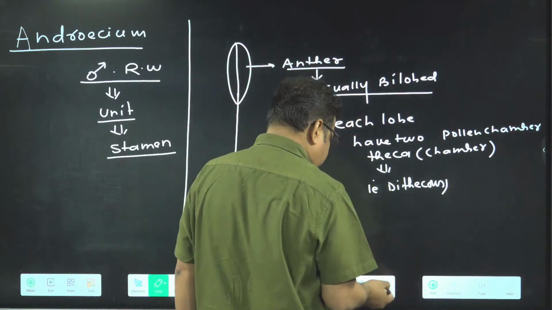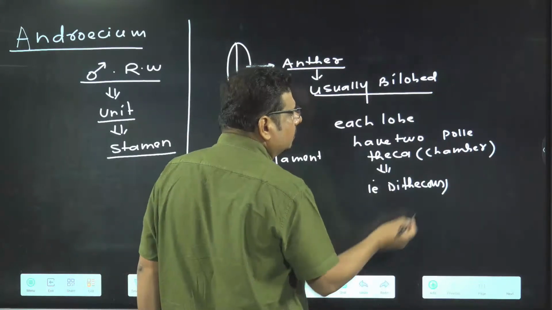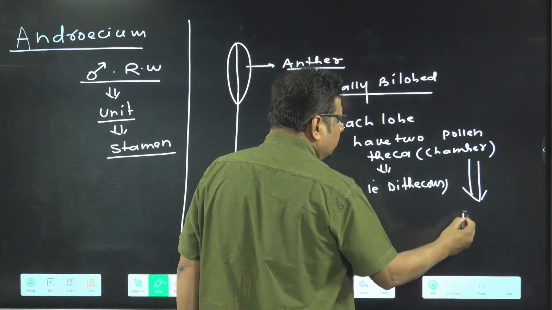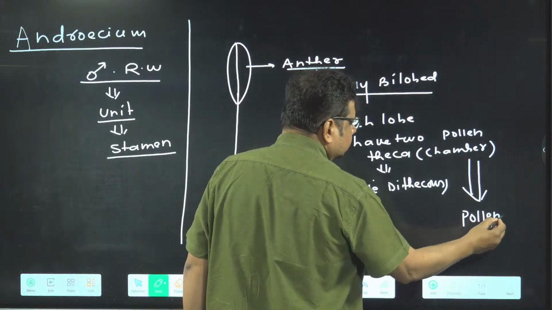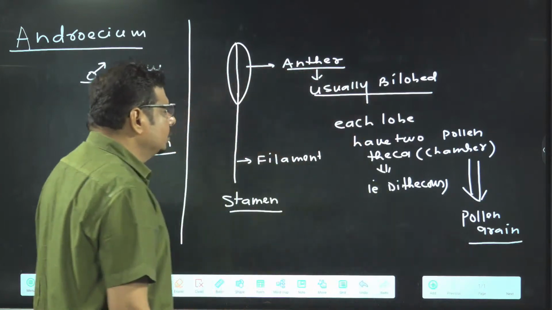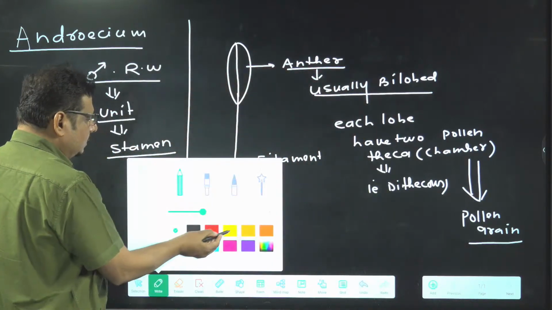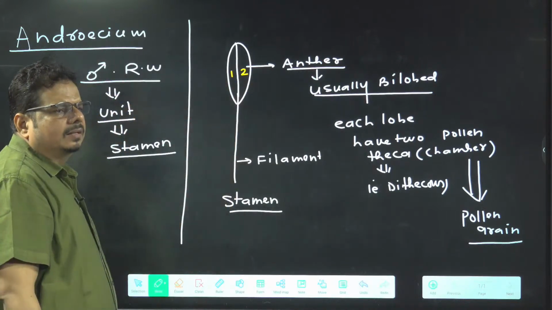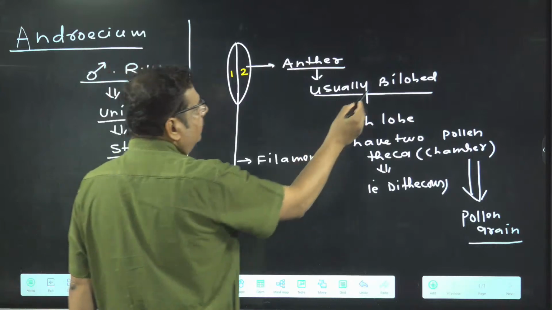It is better to write pollen chamber. And in this pollen chamber, pollen grain is present. So just try to understand the lobe first. This is one lobe, this is the second lobe, and that is the reason I wrote here it is bilobed.